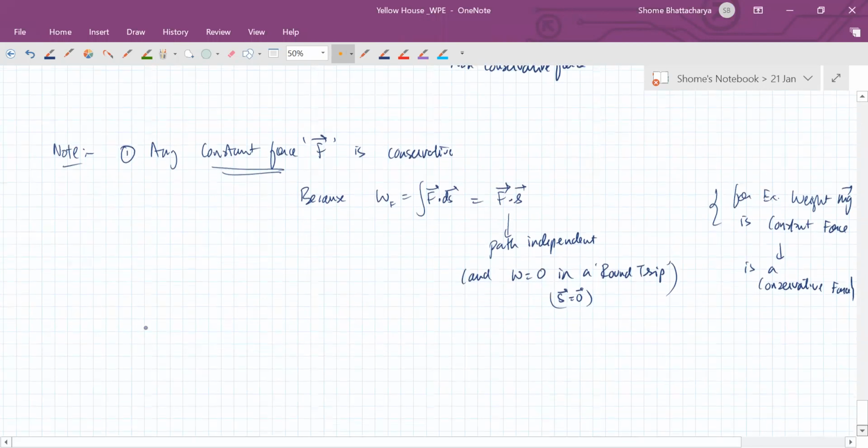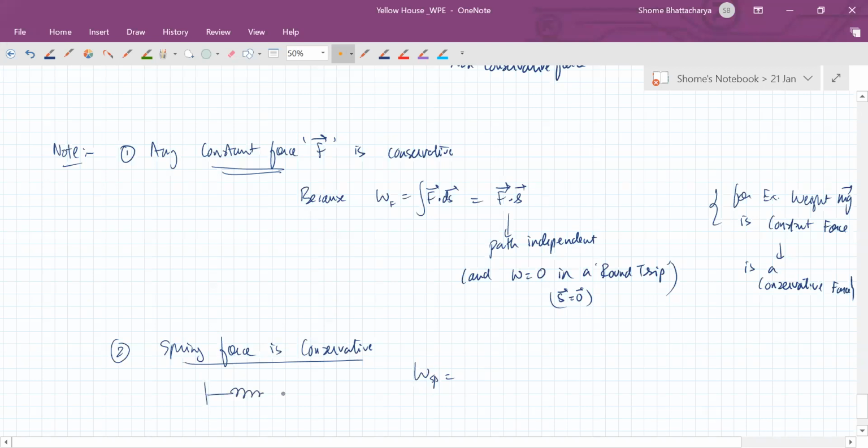Okay, next, another common example of a conservative force is a spring force. Spring force is conservative. Last time we had seen how the work done by spring force comes out to be. If the spring is stretched through a distance of x, then the spring force is like this. It is kx in magnitude, but always opposite to the direction of displacement.